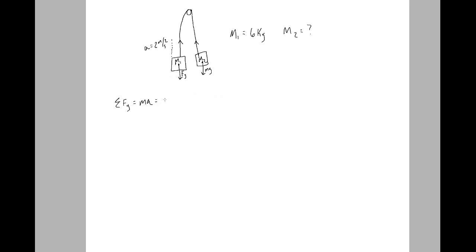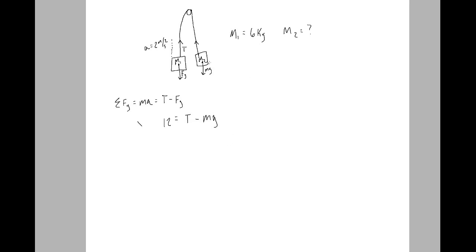So what I can figure out from there is the net force being applied to that block. Well, the net force is going to be your tension minus your force due to gravity. Well, I can solve for my tension force here. So my mass is 6 times 2 gives me 12 equals my tension minus my force due to gravity, which is mg.